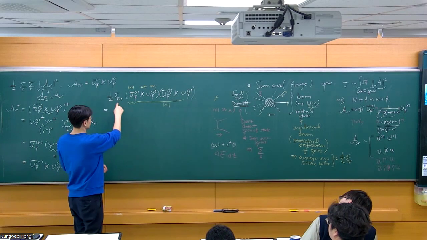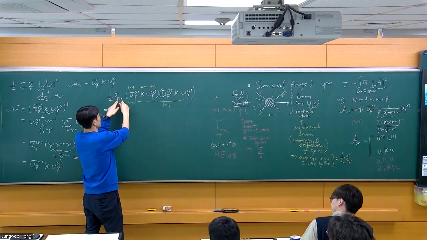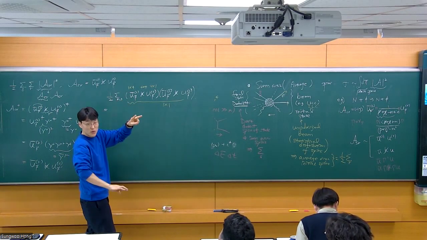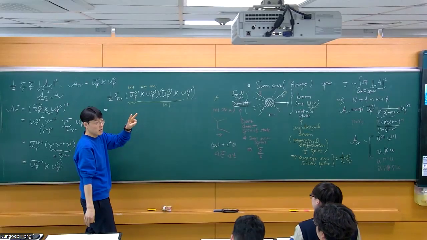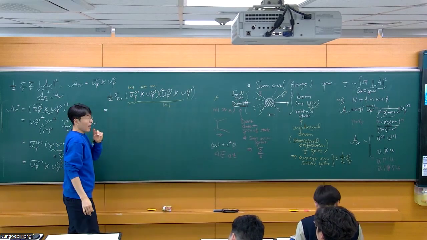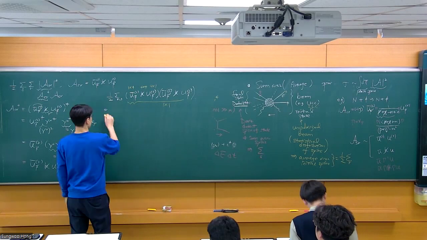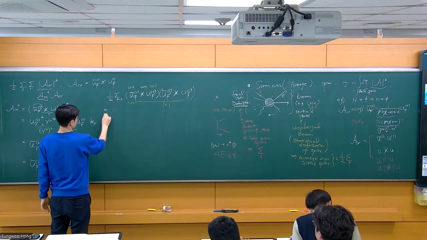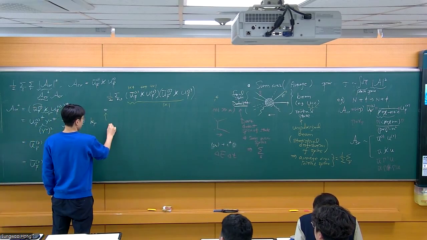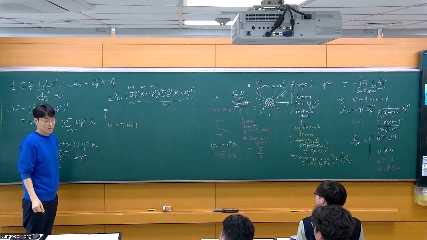For each choice of R and S, where these two run over 1 and 2, remember this is a 4-component spinor, but it has two basis vectors, 1 and 2, 1 and 2: 2 for the particle, 2 for the antiparticle. So for any choice of R and S, this is a single number, and then the sum over numbers is a number. I learned from Coleman, it was actually Feynman's original idea, that a 1 by 1 number is the same as the trace of a 1 by 1 number, which is true.